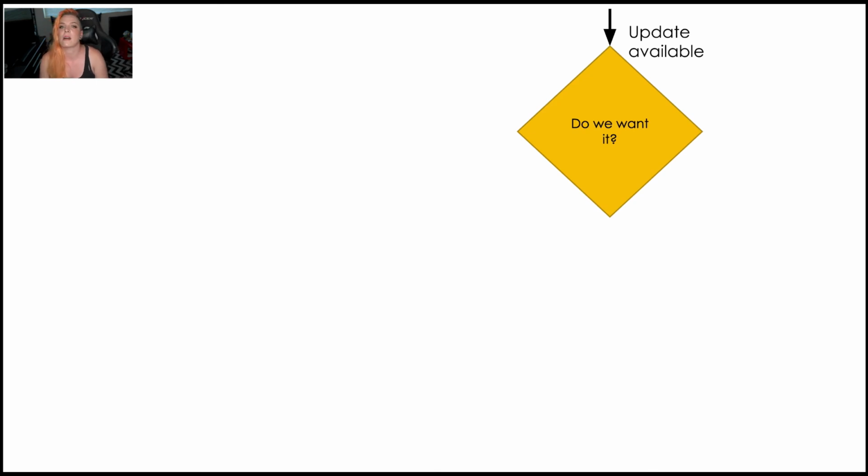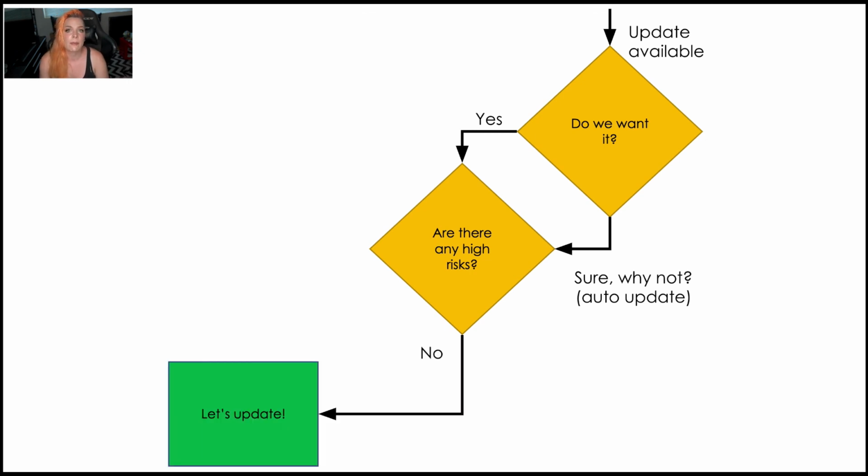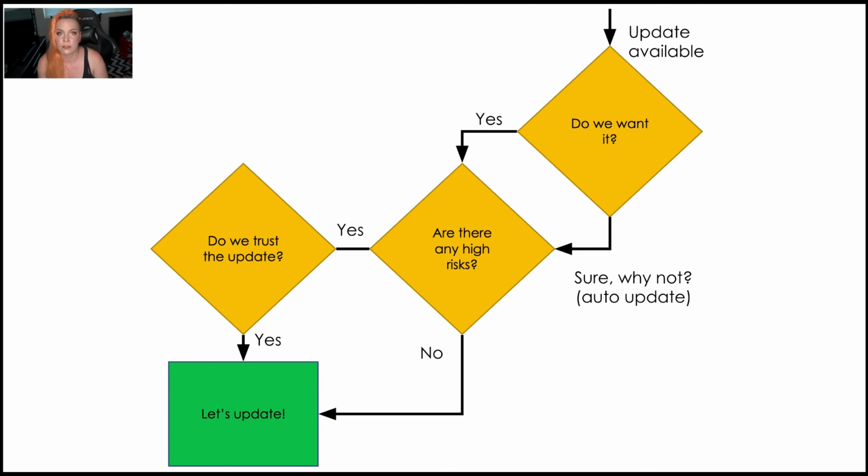Doesn't really matter if it's something low risk like a game on your phone or Twitter app. That's going to happen automatically. Otherwise, are there any high risks? If no, we update. If yes, we've implemented several layers of safety nets in case there's a problem, so we know the update is probably trustworthy. Let's just update it then. Problem solved. Nobody has to think about it.